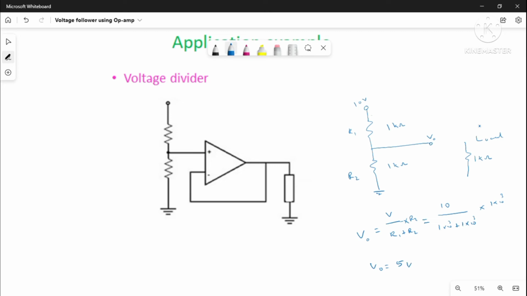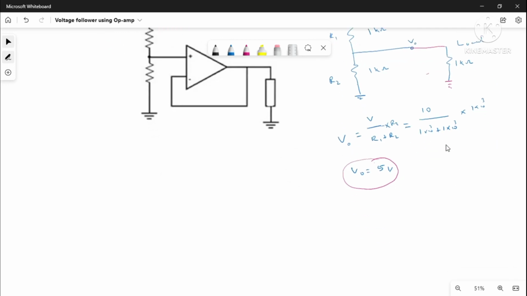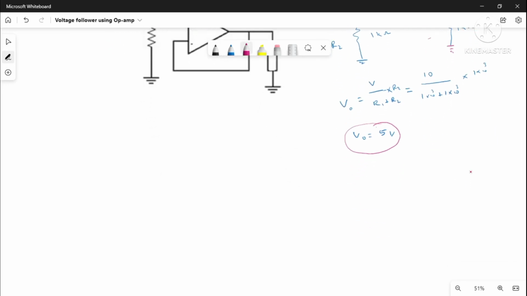Now when I connect a load of 1 kilo ohm between the ground and this point, the expression will get changed. Now these two resistors are coming in parallel. So the circuit will be like this: the supply voltage 10 volt, 1 kilo ohm resistance, and here 1 kilo ohm, and here one more 1 kilo ohm comes in parallel.